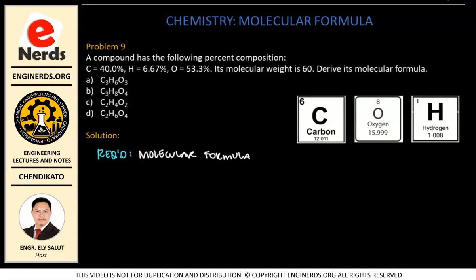Okay, let us write our given values so that we'll have a quick reference of it. So we have carbon, which is 40%. We have hydrogen, which is 6.67%.